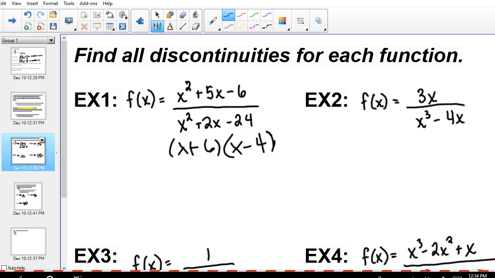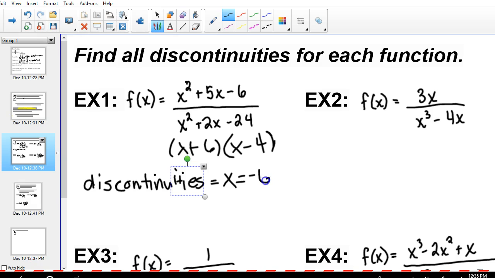So I have discontinuities at x equals -6 and at x equals 4, because those are the numbers that are going to give me 0 if I plug them into the denominator.